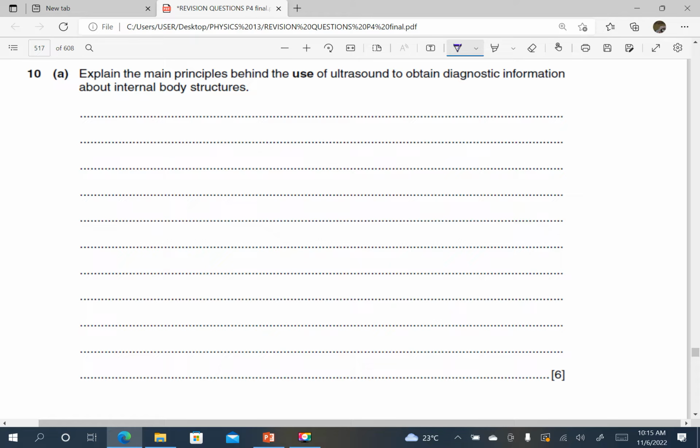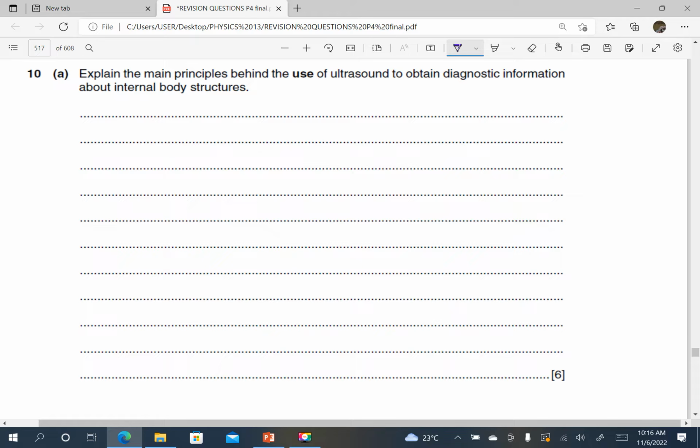So it cannot do the two things at the same time. Therefore, short pulses are involved here. Number four, remember the reflected pulses are the ones converted into voltage pulses by the same transducer to process an image. And we are interested in the intensity of the reflected ultrasound and the time it takes to go and come back. That is the time delay. Those concepts will help you to explain this fully and easily.